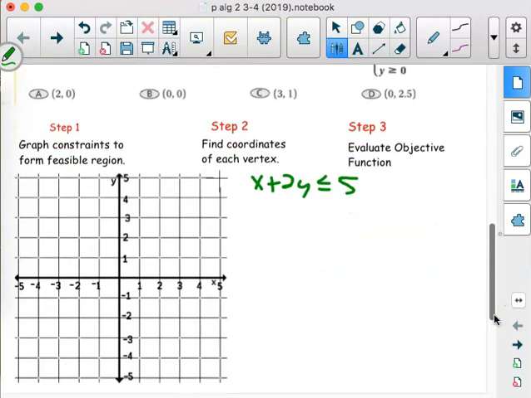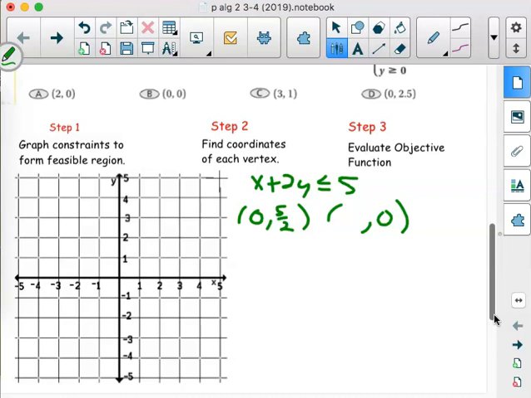And just like we did for section 3.3, we're going to find the zeros when it's in standard form. So we pretend for a second that it says x plus 2y equals 5. And then we say, all right, if x is 0, I'd have to divide both sides by 2. That'll be 5 halves, or 2.5.